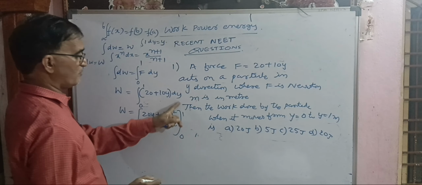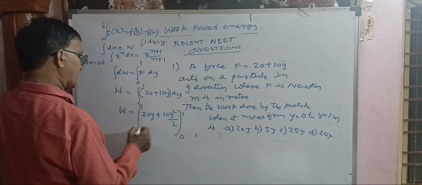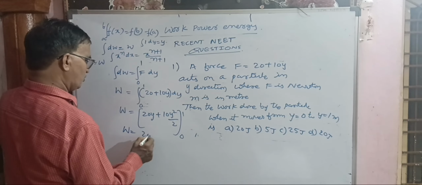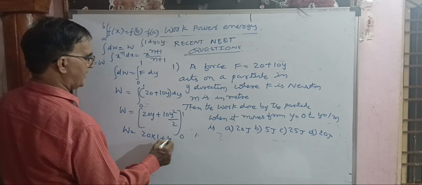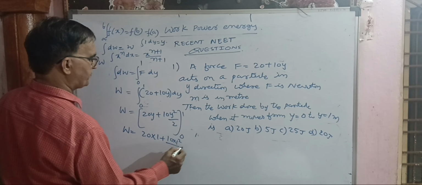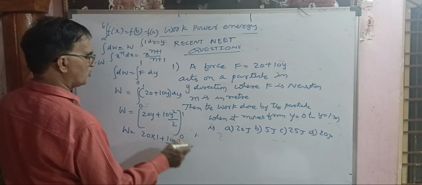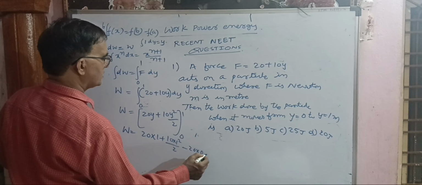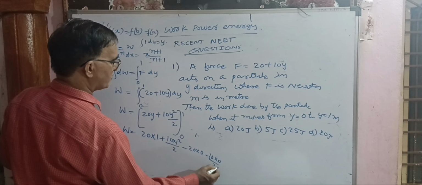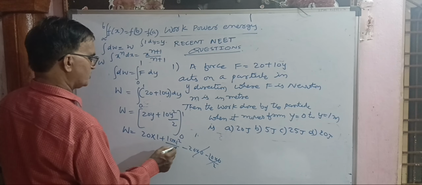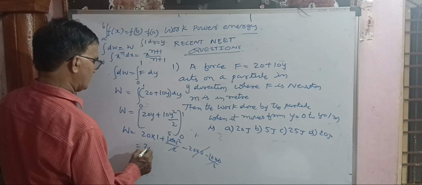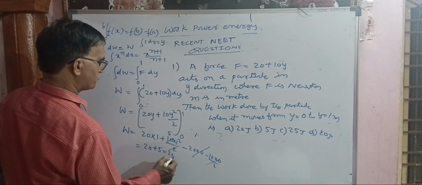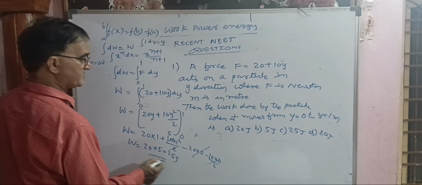For the upper limit: 20 into 1 plus 10 into 1 square by 2, minus the lower limit, which is 20 into 0, 0 only, and 10 into 0 by 2, 0 only. These cancel, so this is 5. So 20 plus 5, you get 25 joules as the answer.